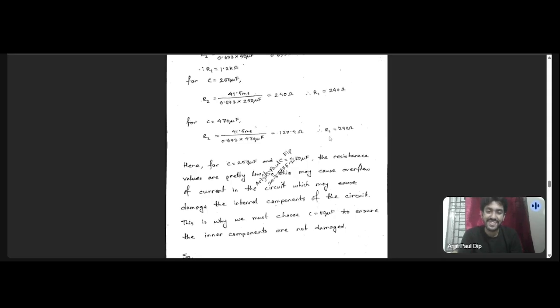Again, when C equals 470 microfarad, then R2 equals 127.4 ohm, and similarly, R1 is also 127 ohm.